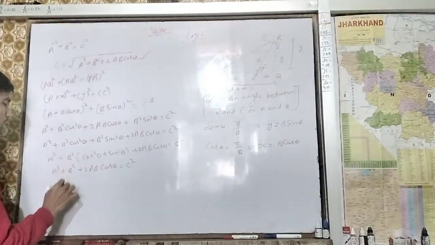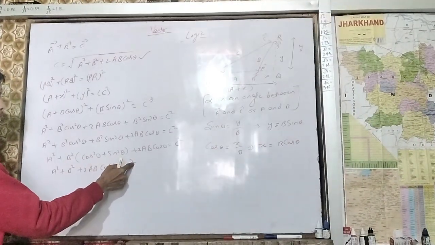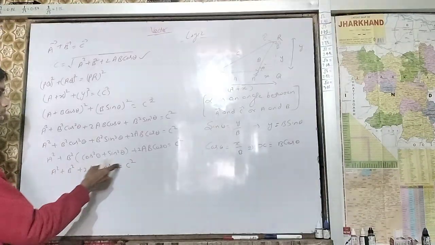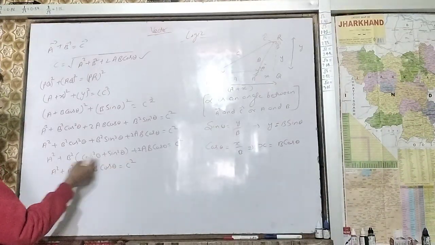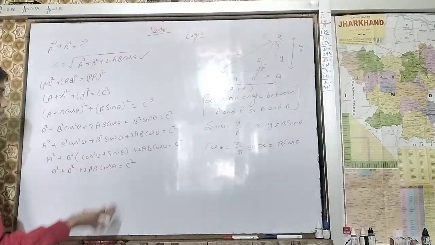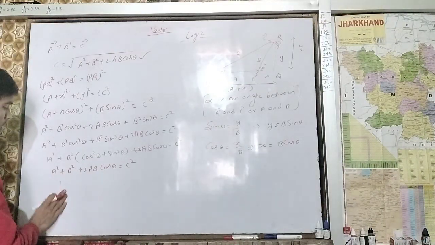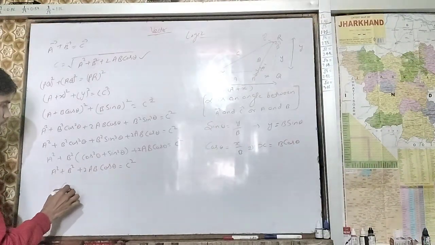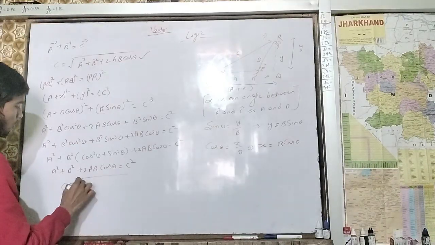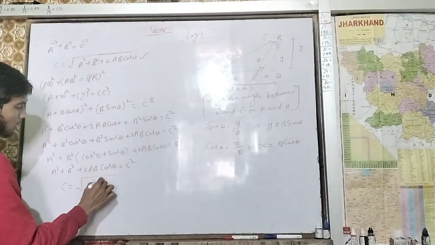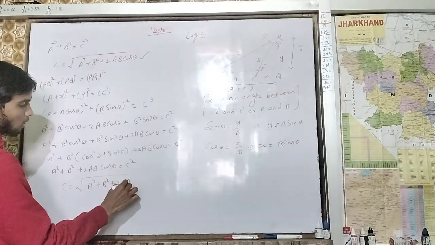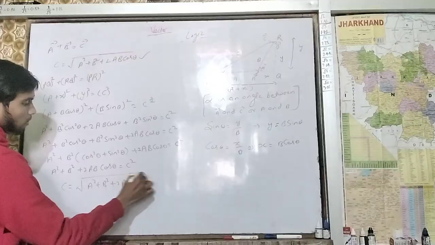This square will be removed as a root comes in, so finally we can write c is equal to under root of a square plus b square plus 2ab cos theta. That is how this formula came.